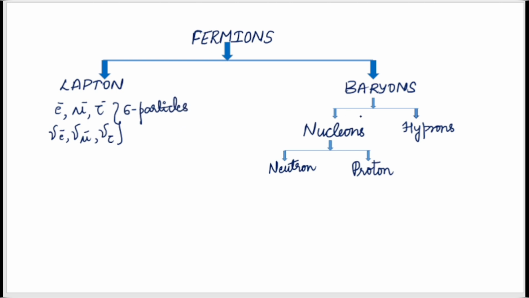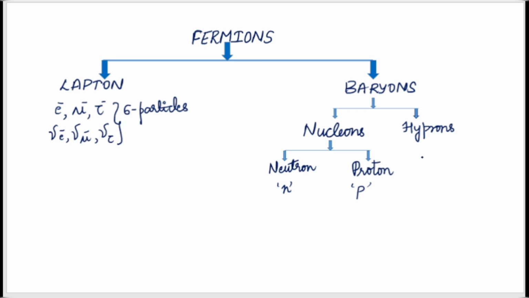Next, one more type of the fermions is nothing but the baryons. Baryons are divided into two types called nucleons and hyperons. Under nucleons, again it is divided into two types called neutron and proton. That is neutron particle and the proton particle. The neutron is represented by the symbol N and it is familiar to us, and the proton is P. And hyperons, we are not familiar.